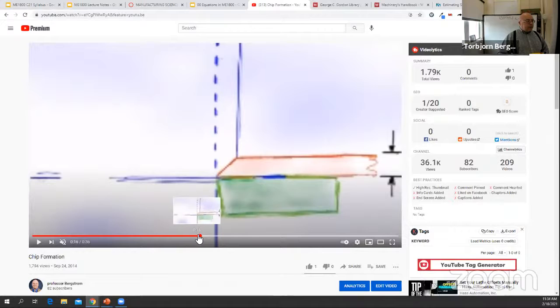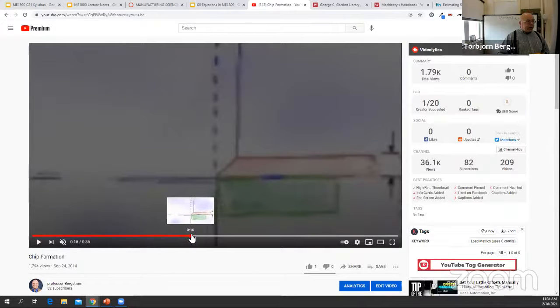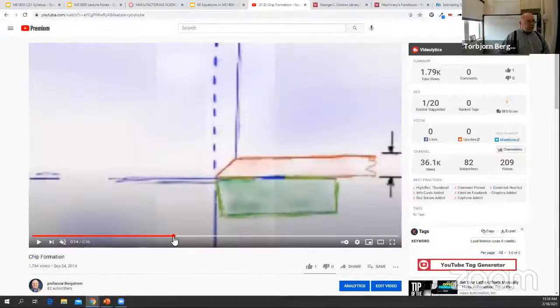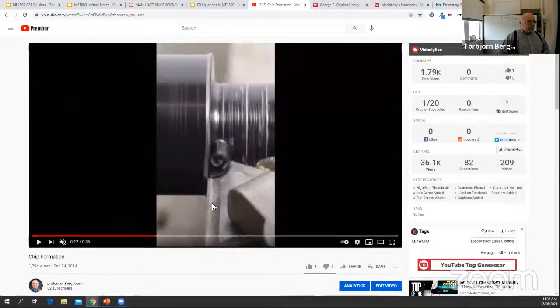Now, in our video there, you see that the chip doesn't slide flat across there, right? It curls up. The reason it curls up is because this tool has this little divot here. Well, actually, one of the reasons it curls up is because the material is Delrin, and the Delrin chips always curl up like that.